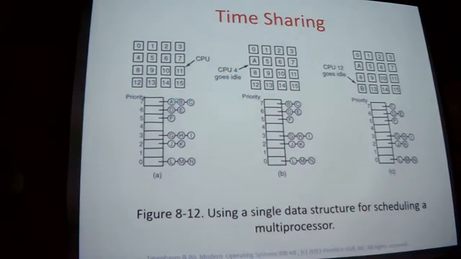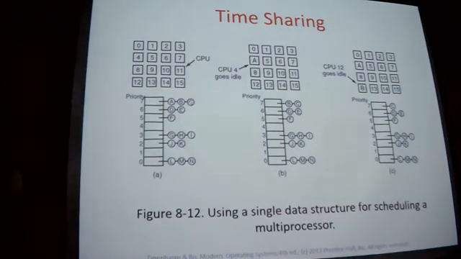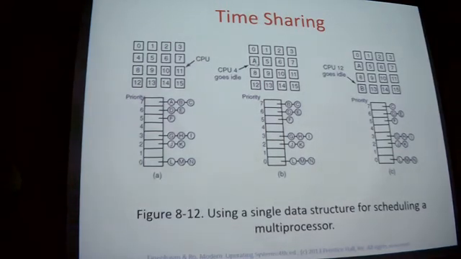So process A is first, and we allocate process A to CPU 4. CPU 4 handles process A.